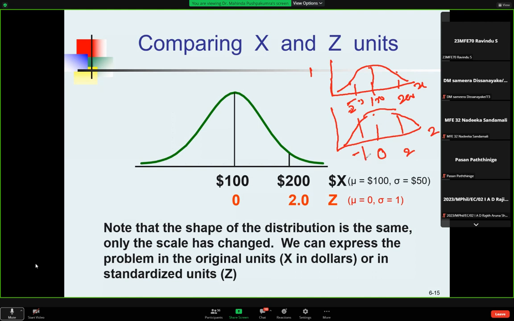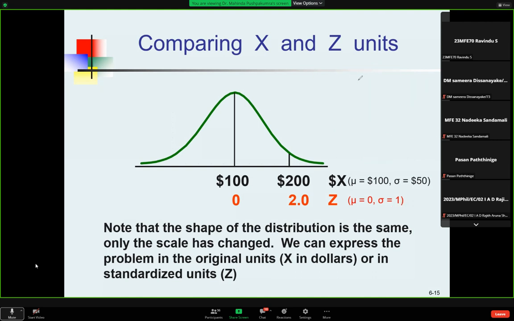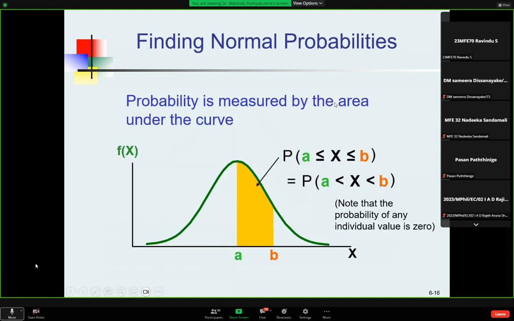Then in the Z distribution, the mean is 0 and the standard deviation is always 1. Okay, is it clear up to this point?